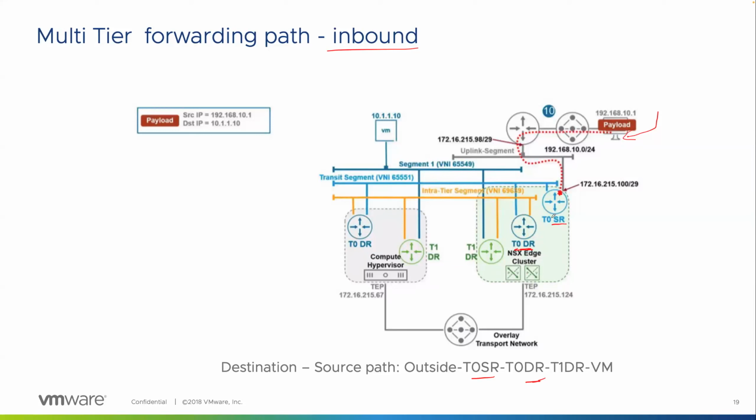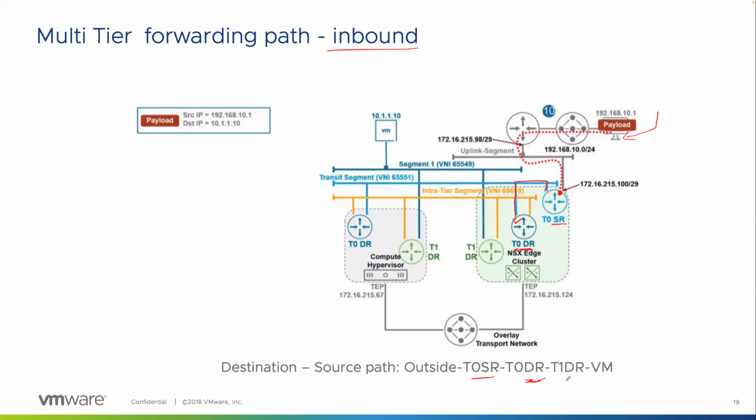So remember that rule: when you try to decide the next hop, always choose the closest one. So T0DR will be chosen in this case. So the packet goes via this link to the T0DR function.